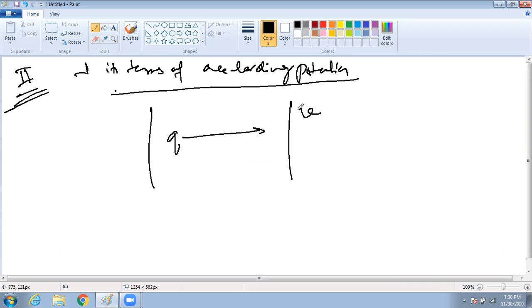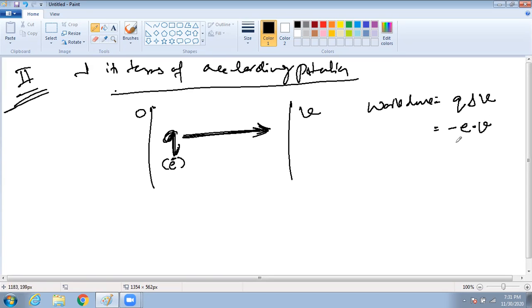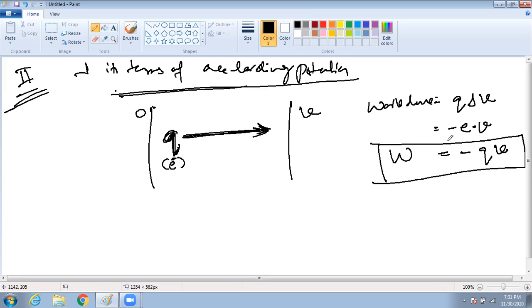This charge will go towards the positive because this is an electron. So the electron will go to the positive potential. Then what is the work done? The work done will be Q of delta V, the change in potential. If you have an electron, it will be minus e into V, or I can write it as minus QV. So the work done in accelerating potential is minus QV.